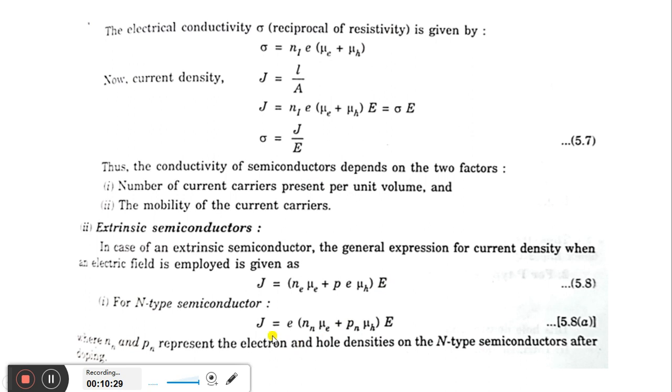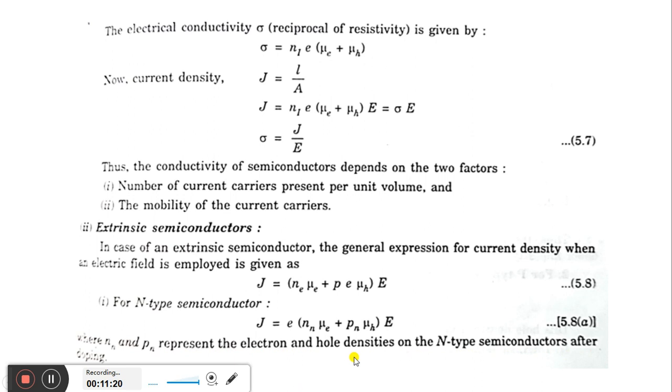So we can write for the n-type semiconductor, J equals e, we have taken e outside, and in place of Ne we write Nn. So J equals e Nn mu e plus Pn mu h, E, where Nn and Pn represent the electron and hole densities in the n-type semiconductor after doping.